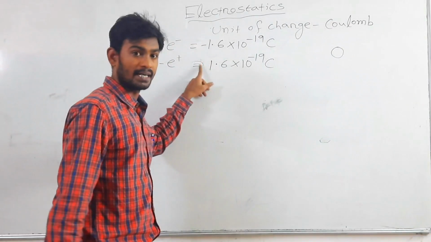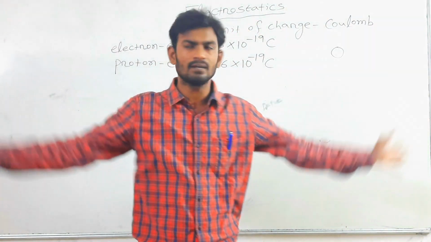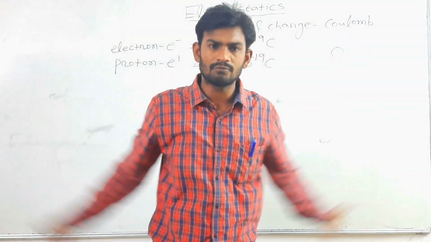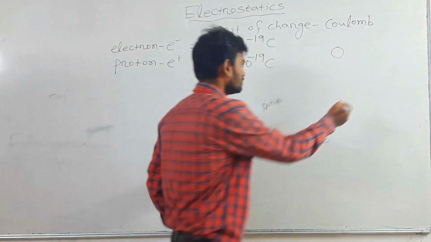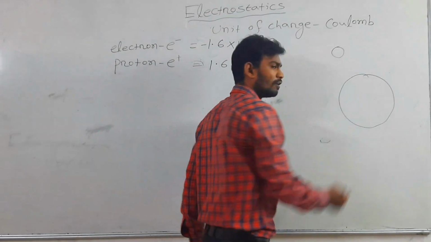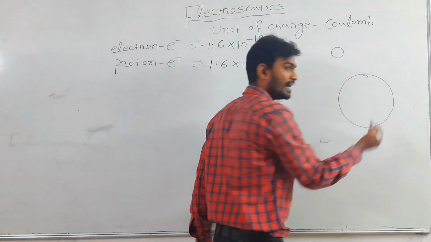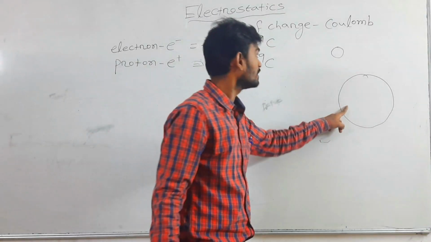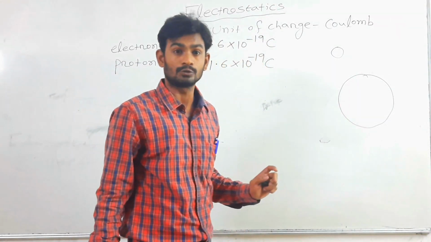This one is negative and this one is positive. Every object consists of atoms, and an atom consists of electron, proton and neutron.